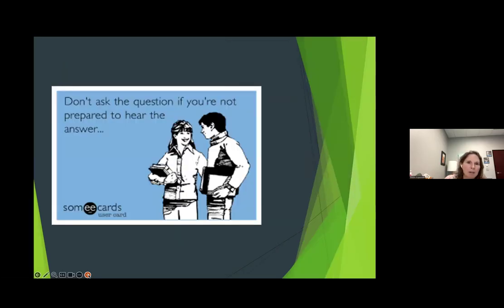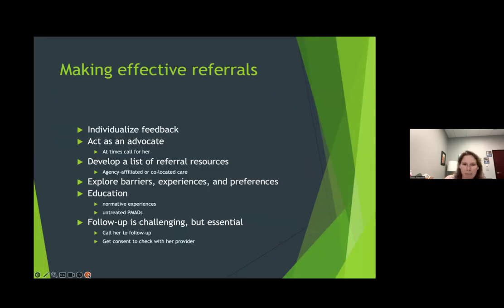And then we want you to be prepared for if somebody screens positive, be able to make effective referrals. And so here are some nice tips that when we share the slides, you can check back on. But I really want to emphasize talking to women about their barriers to treatment, their previous experiences, their preferences, having a good list of resources, having education available, and really making sure that you individualize things and follow up.